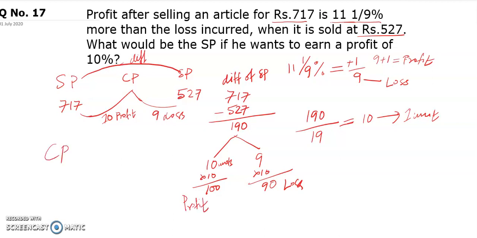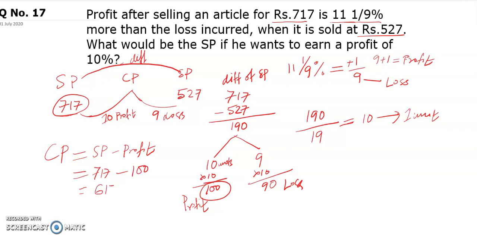Now if we need to find the CP, we can say CP is equal to SP minus profit. SP is 717, profit is 100. This will give us 617 as our CP.